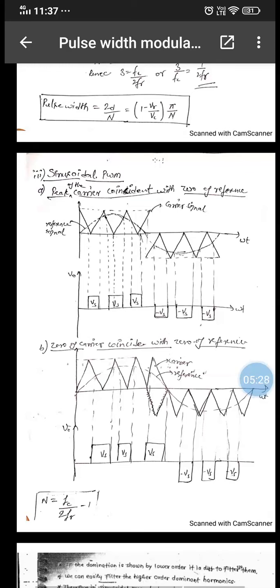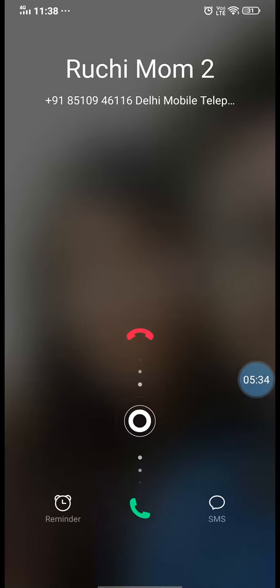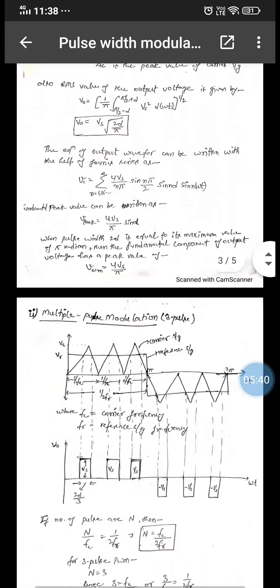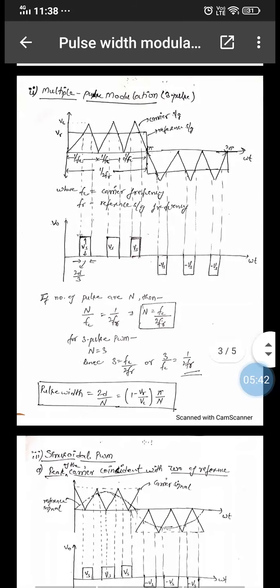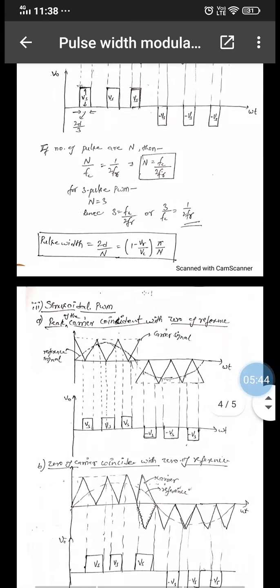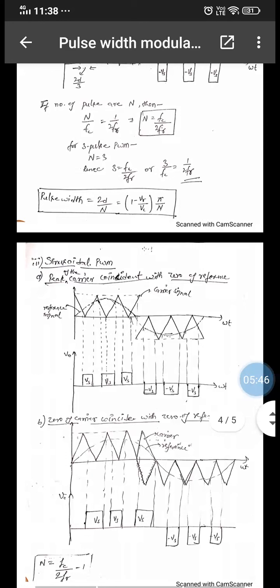Why are we saying sinusoidal pulse width modulation? Because the reference signal we are taking here is sinusoidal, and the carrier signal is again triangular. In previous modulations also we took a triangular signal.